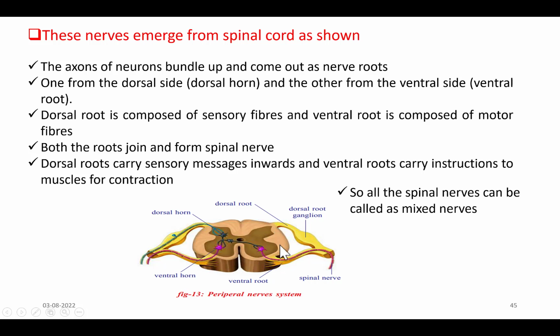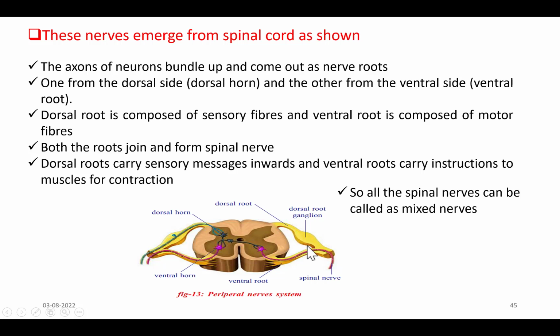And at the horn regions, at all these 4 horn regions, the axons are coming out as bundles. And you know, bundles of axons are called nerves. So 4 nerves are coming out. These nerves are called roots, nerve roots. These 2 nerve roots are called dorsal roots. These 2 nerve roots are called ventral roots. And from each side, the dorsal root and ventral root join and come out as a spinal nerve.